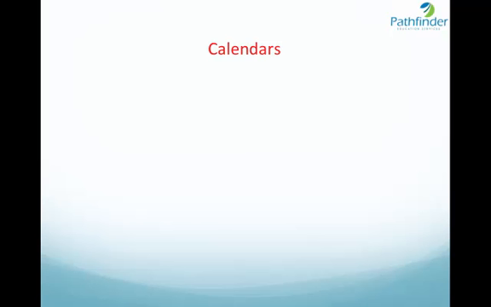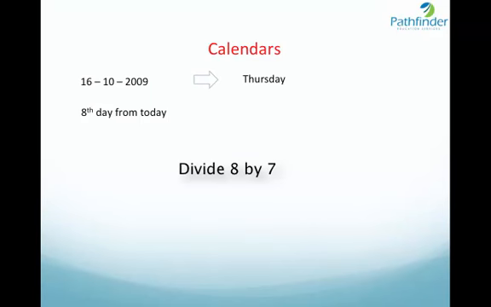So if today is a Sunday, then Monday, Tuesday and Wednesday. So the 17th day from today must be a Wednesday. Let us see. 16/10/2009 is a Thursday. So the 8th day from today, I will divide 8 by 7. I get 1 as the remainder. So when I divide 8 by 7 and get 1 as the remainder, I just add 1 day to this Thursday.